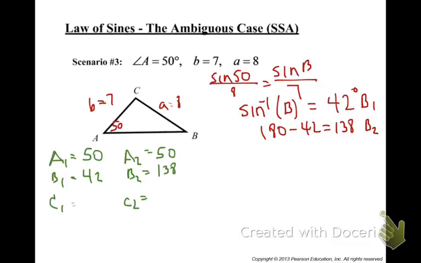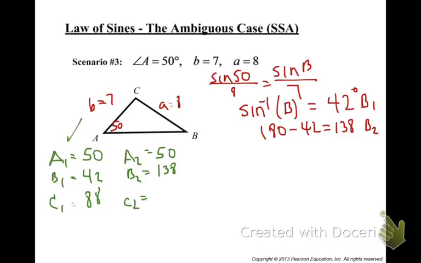Okay, now let's figure out what we have. 50 plus 42. And then, so what would C1 give us? 88. All right, so that one works. Okay, let's come over here. 50 plus 138. 188. That is 188, right?